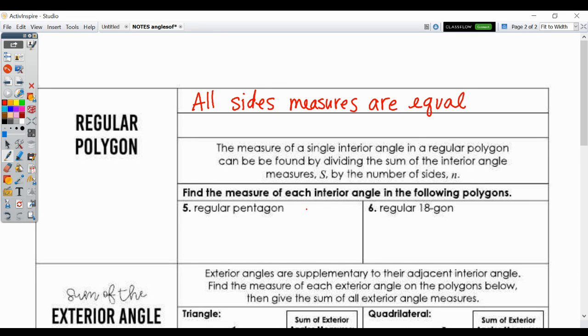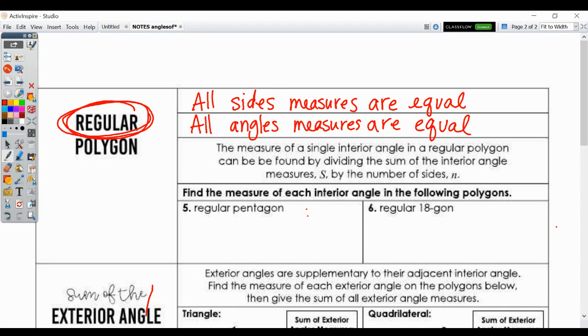And if all side measures are equal, then all angles also are equal. So if a polygon is regular, that's the word we're looking for. If it's regular, that means its sides are going to be equal and its angles are going to be equal.